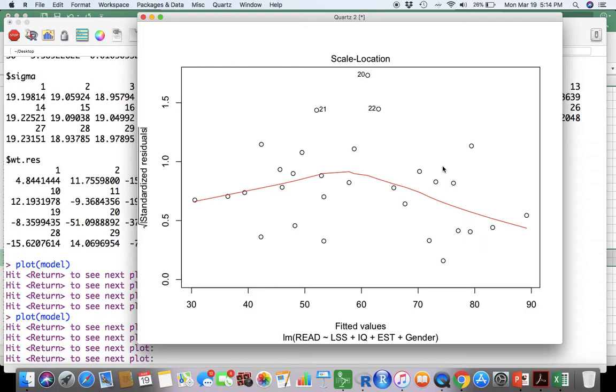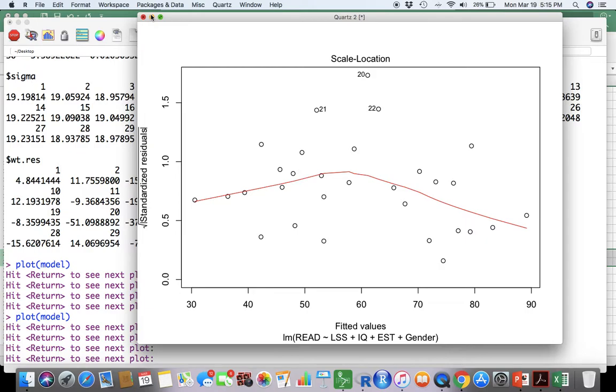Again, we're dealing with sample data. We don't have these nice classic textbook examples where everything turns out right. This is actually data that has been collected, and we always deviate a little bit from the textbook examples. So I really don't see much concern here with going ahead and running the diagnostics.